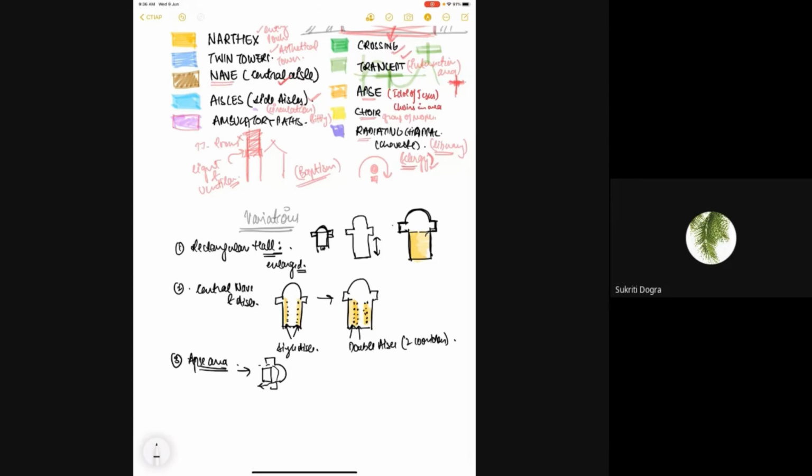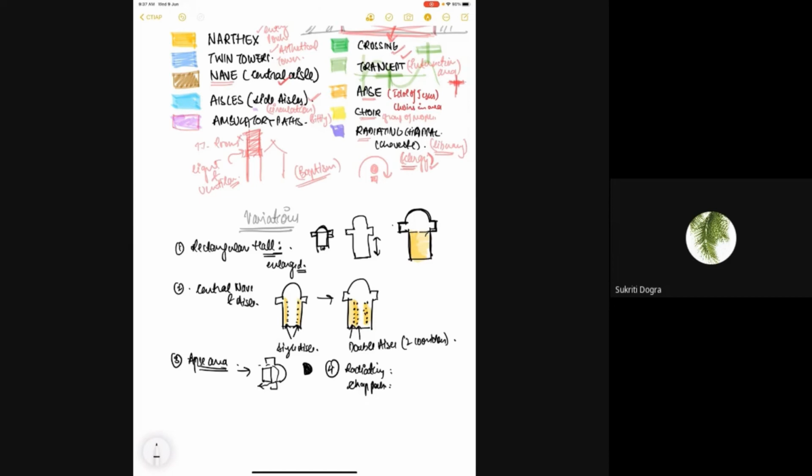In starting, it was just a simple semicircle at the end, which used to host every deity and every decoration piece inside the church. The next modification in the apse was that it was raised later on, and radiating chapels were added around the apse.